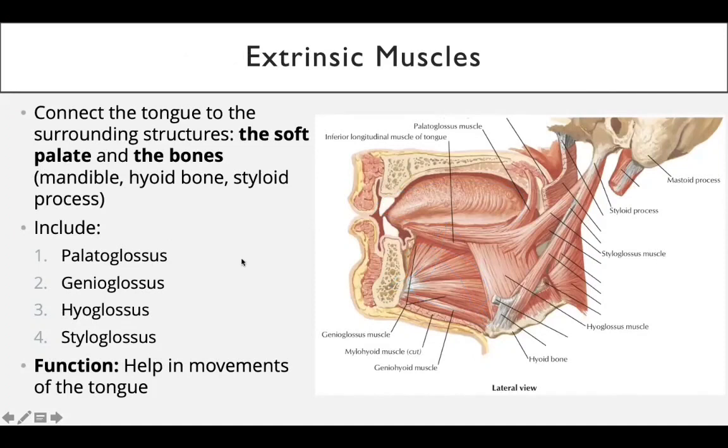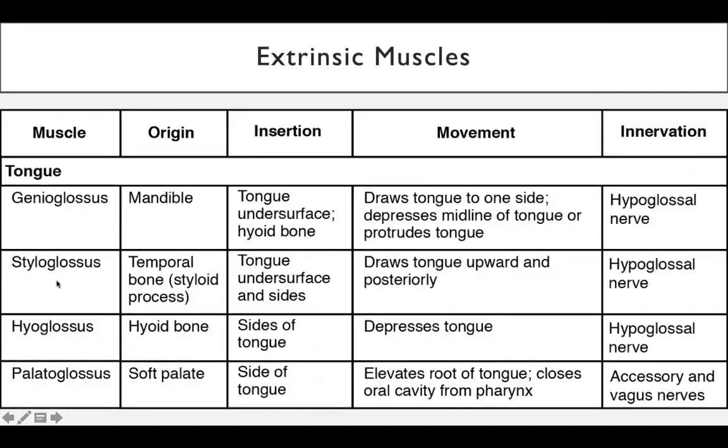Okay, what is the next one? Styloglossus. We have an origin, the styloid process, very easy. Because it draws the tongue backwards, posteriorly and upward, it is also inserted to the sides of the tongue.